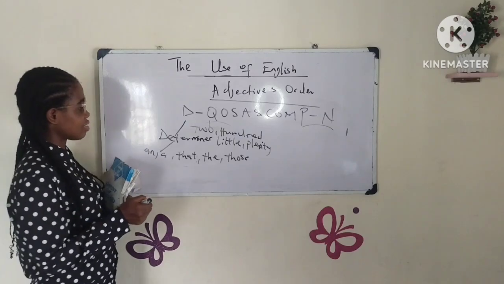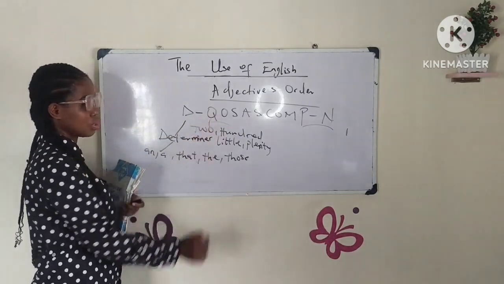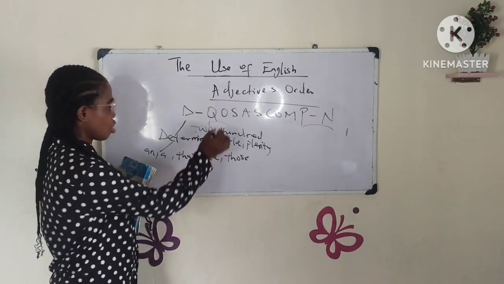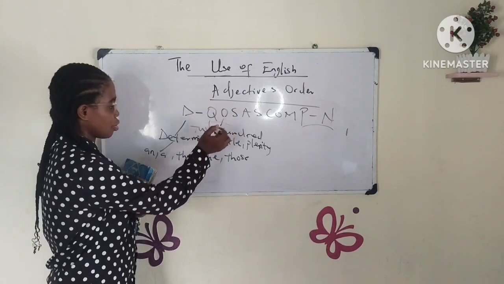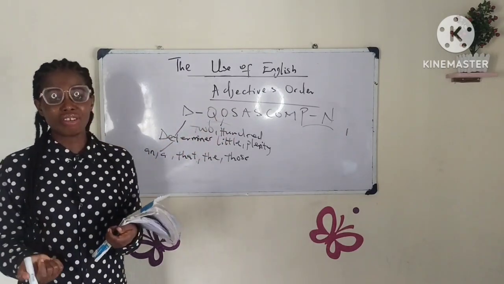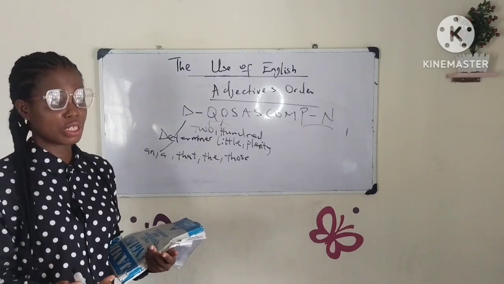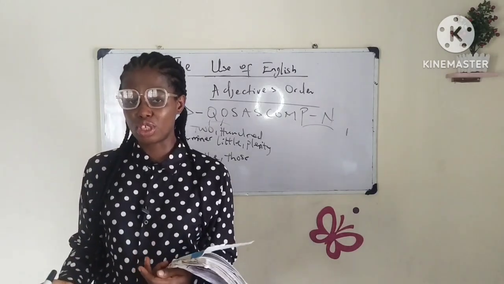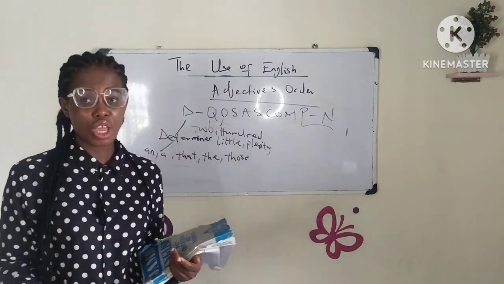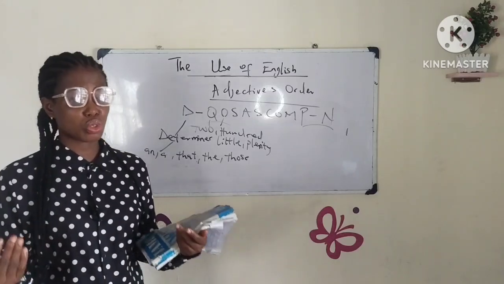Now after quantity, what do you have next? You have opinion. Opinion words are words that are relative. For example, if I say something is beautiful, you may not consider the same thing to be beautiful. If I say something is boring, you may consider that thing to be interesting.